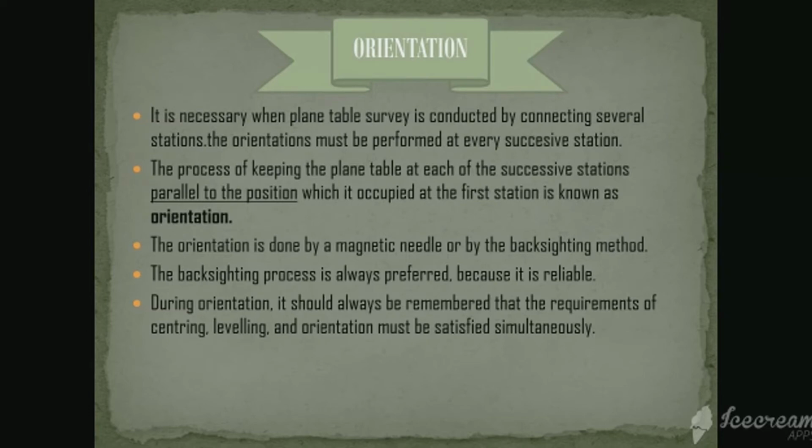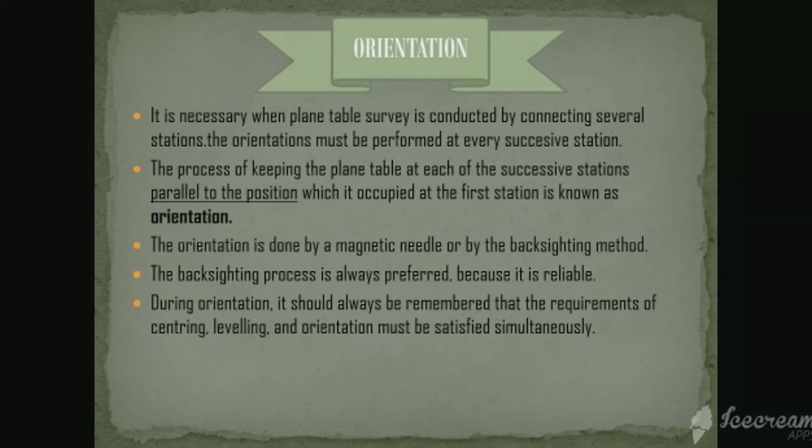Orientation. It is necessary when plane table survey is conducted by connecting several stations. The orientation must be performed at every successive station. The process of keeping the plane table at each of the successive stations parallel to the position which was occupied at the first station is known as orientation.